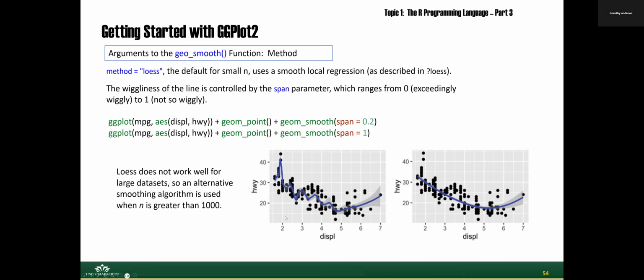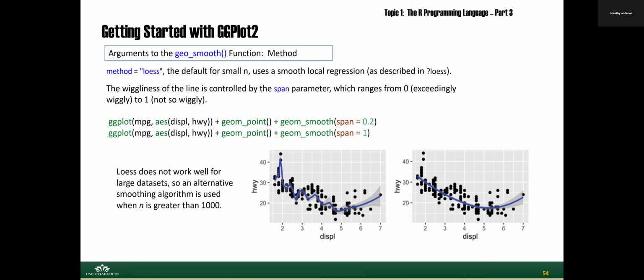So we can make a curve very wiggly if we want. We can get a curve that appears to go through most of the dots, that snakes through the shape a lot better. And we can do that with the span function.